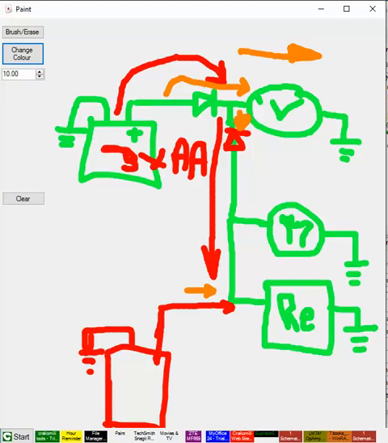If it's in use, it depends how much the clock consumes and for how long the battery backs it up. So that is a simple circuit.